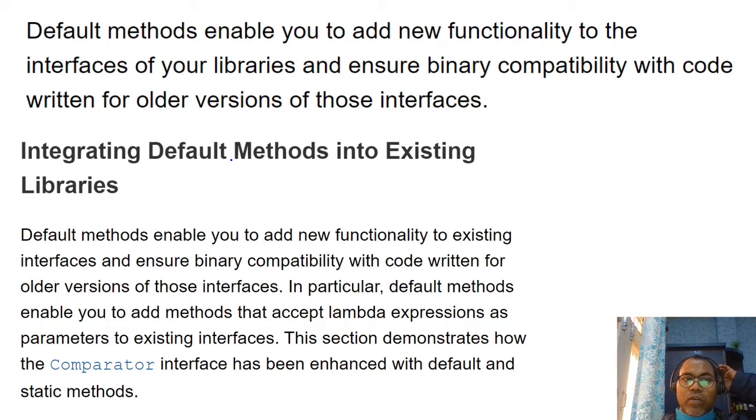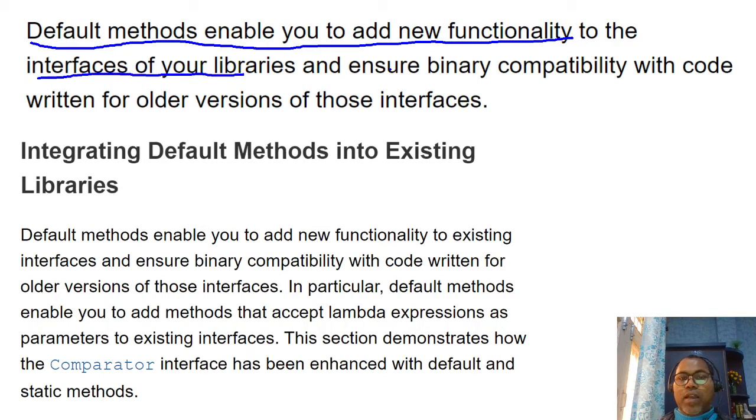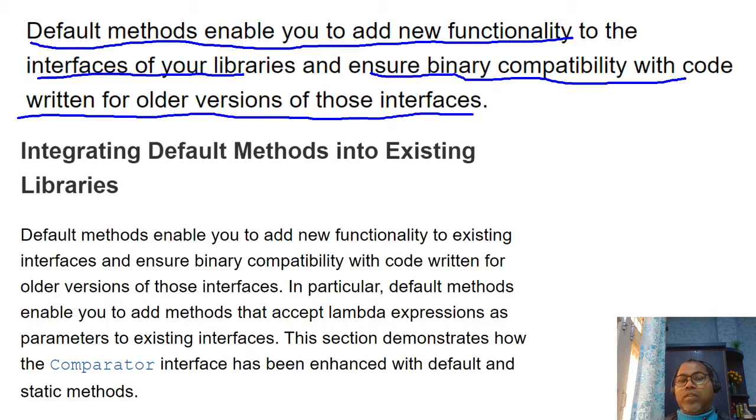And let's look at some rules about default methods. Default methods enable you to add new functionality to the interfaces of your libraries and ensure binary compatibility with code written for older versions of those interfaces.